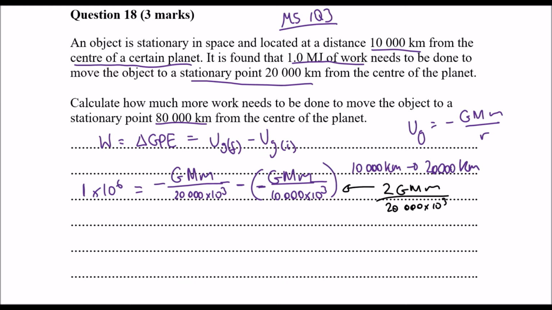So our equation becomes 1 times 10 to the 6 equals negative GMm over 20,000 meters plus 2GMm over 20,000 times 10 to the power 3 meters.